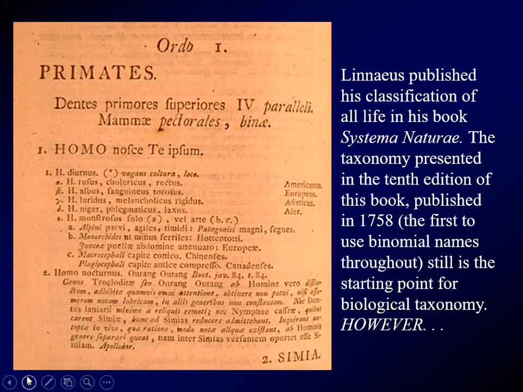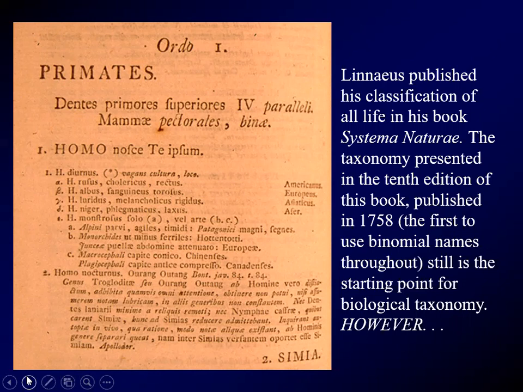Nipples on the chest and in pairs. Instead of having rows of nipples like a dog or a cat or an udder like a cow, primates have 2 nipples and they're on the chest, not anywhere else. So his first genus there is Homo, which he just describes as nosce te ipsum, recognize yourself. Or in other words, I'm talking about you here.